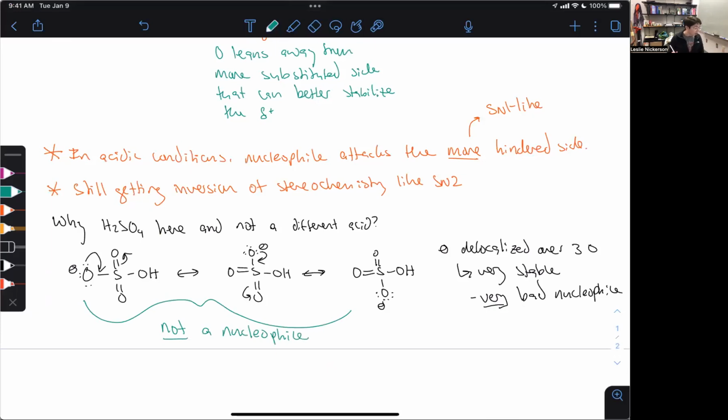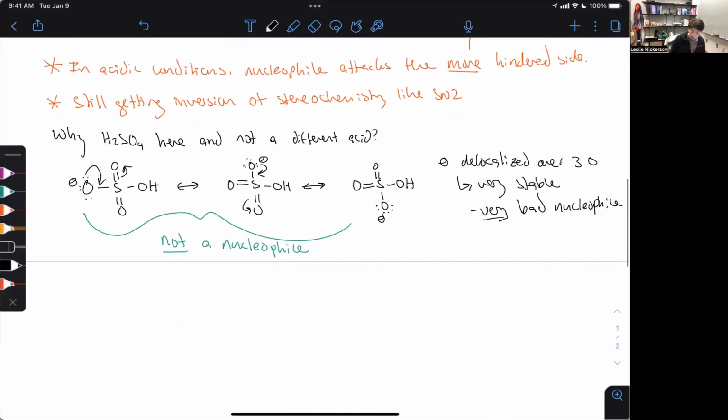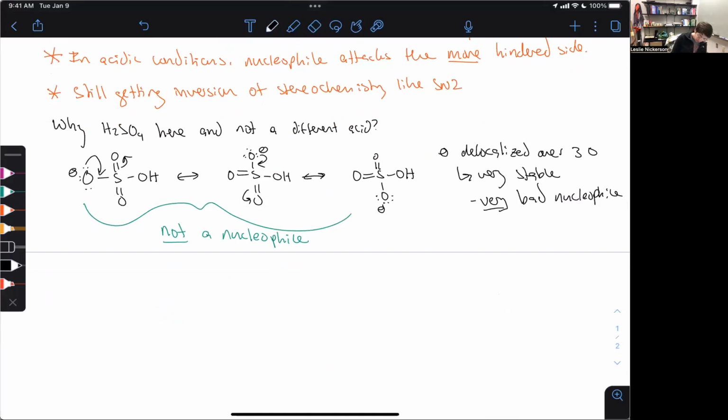Okay, so we do know of some acids that do give us good nucleophiles from their conjugate base. Let's look at another example here. Let's say we're going to use HBr, and in this case, HBr is the only thing I'm adding to this reaction. It's pretty sparse, but that's what we're using here. So HBr, hydrobromic acid.